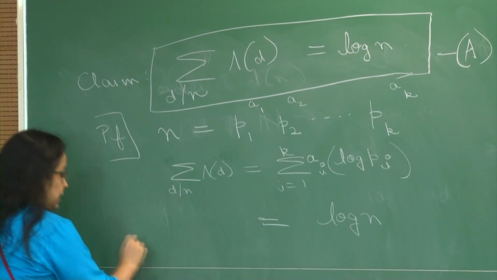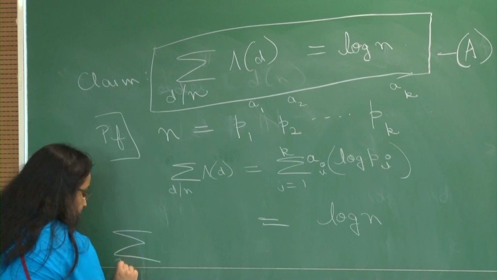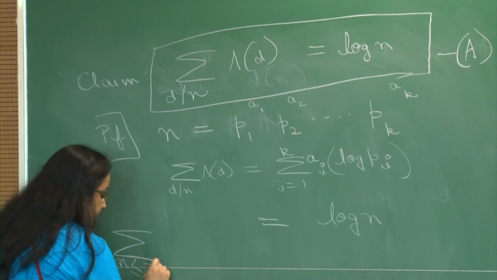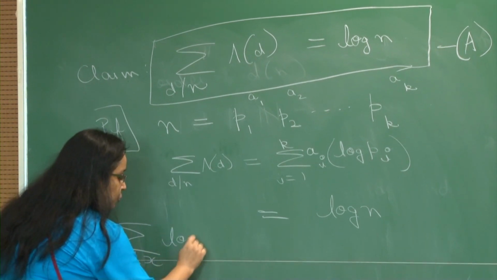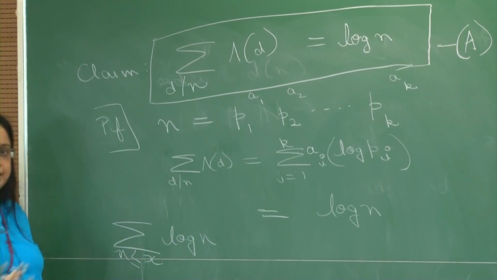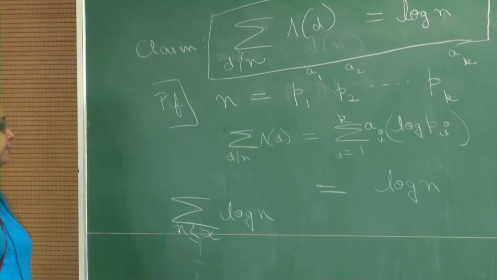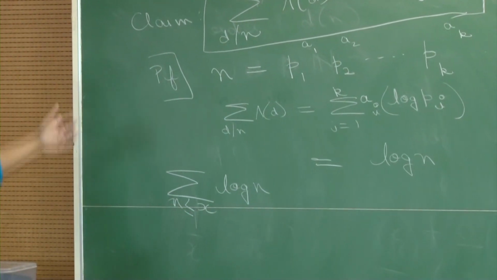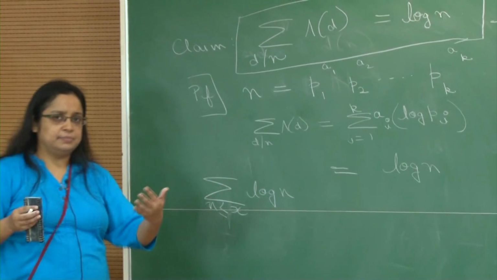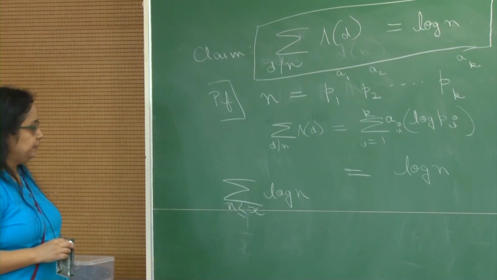Now, let me ask you what happens to the sum of log n. We have been learning different types of summation techniques. Suppose I give you this sum and ask you to evaluate its order or give me some estimate for this function.